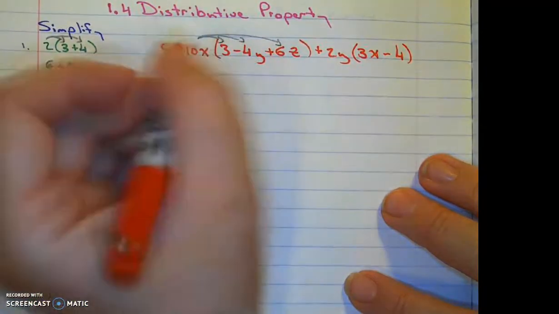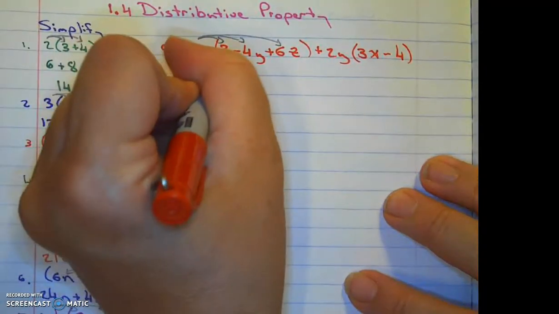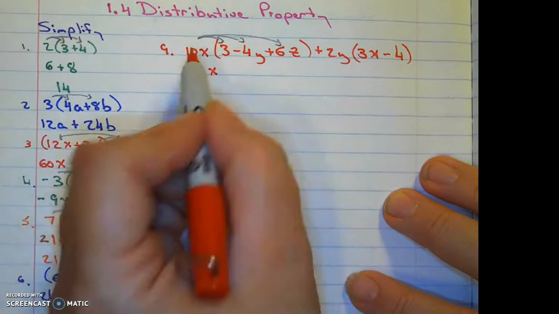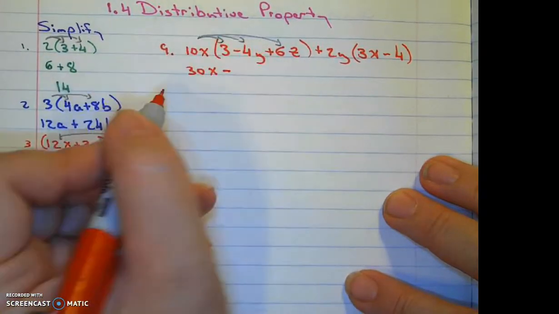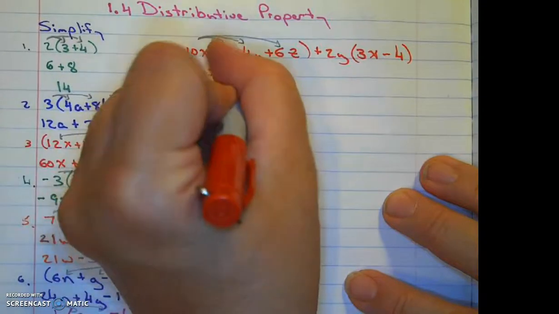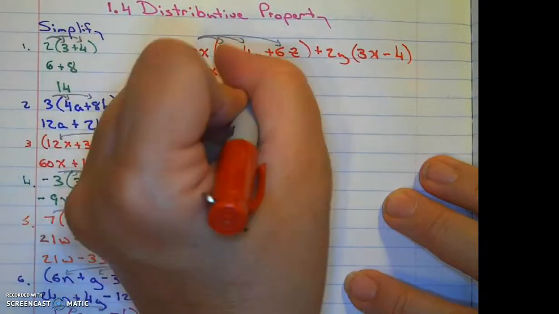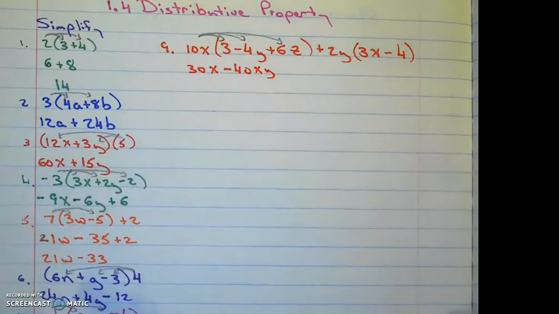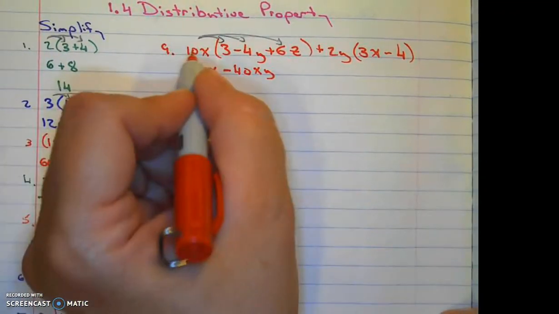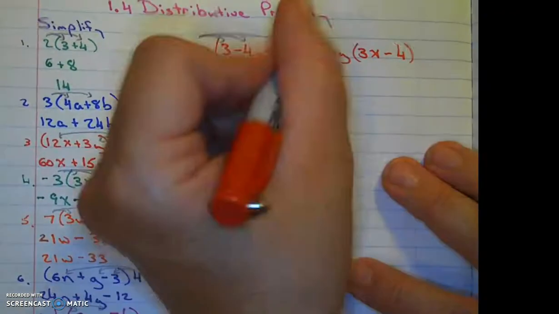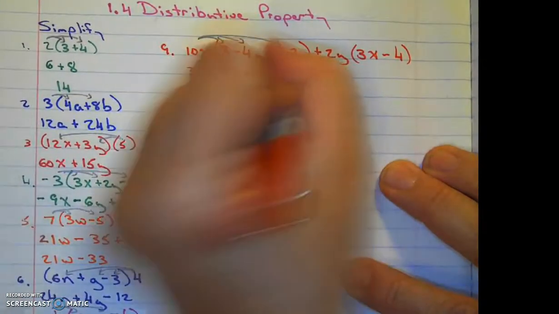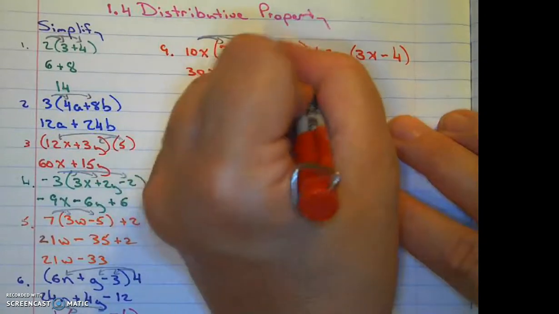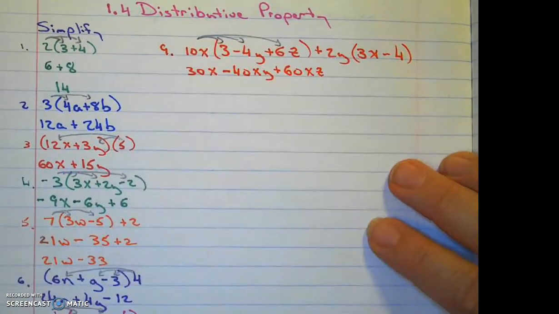So 10x times 3 will give me a 30x. Next, we think a positive times a negative is a negative, so I get to write a minus. 10 times 4 is 40. And the x times y, I just write the xy. And then this positive times positive is positive, so I get to write a plus. 10 times 6 is 60. And the x times z, most I can do is write a xz.